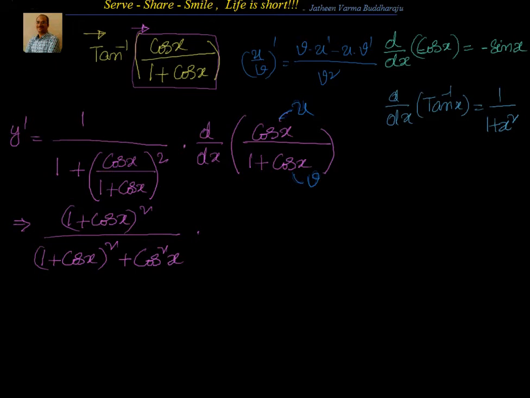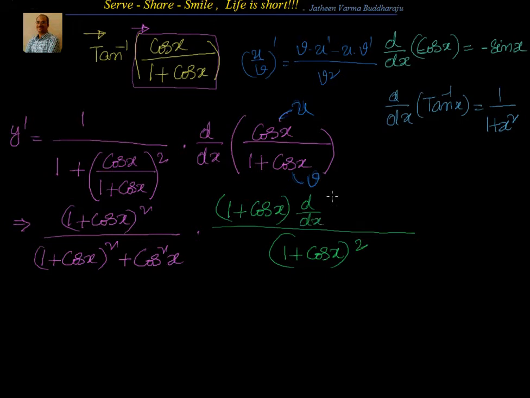So let's apply that. We will have d by dx of cos x by 1 plus cos x. I will have 1 plus cos x whole square. After that I will have 1 plus cos x multiplied with d by dx of cos x, minus, v into u dash minus u into v dash, that is cos x into d by dx of 1 plus cos x. So let's try to simplify that.